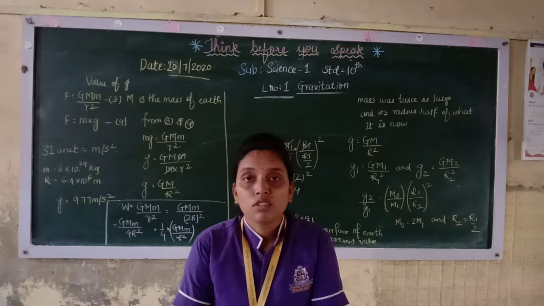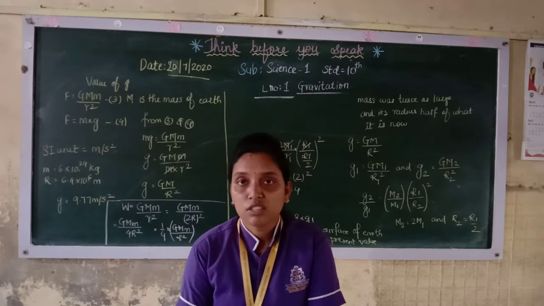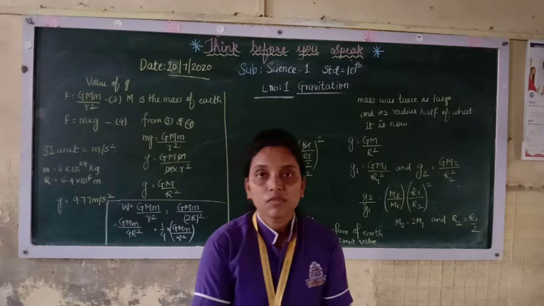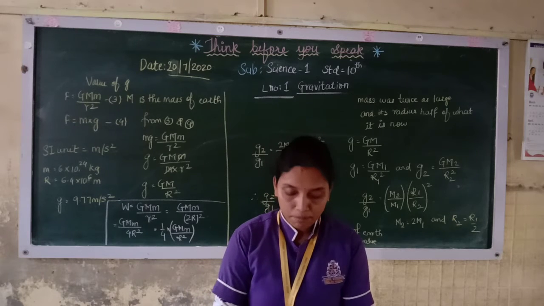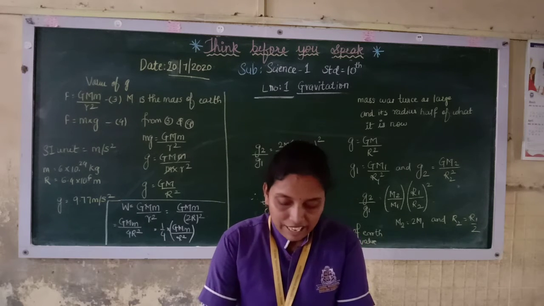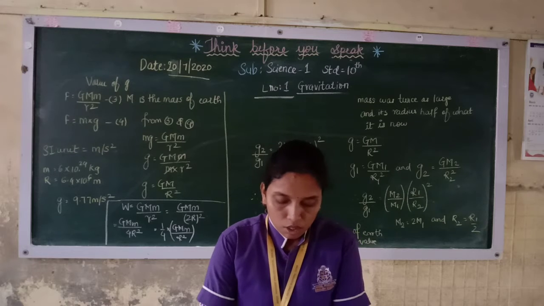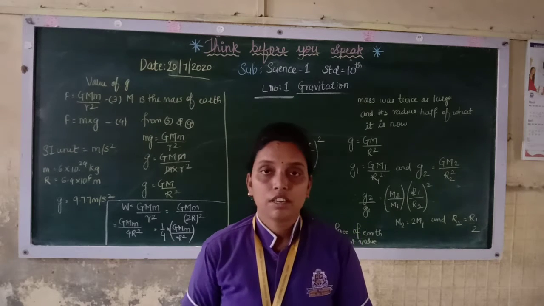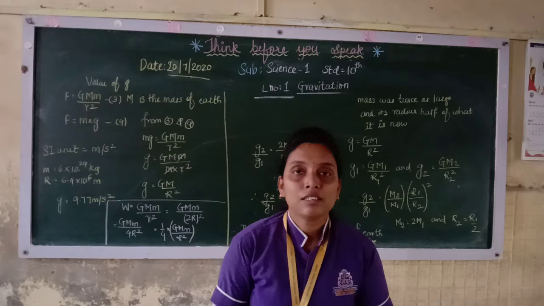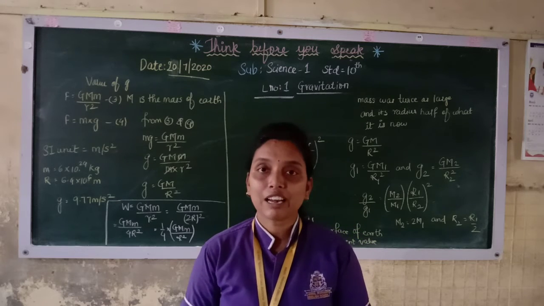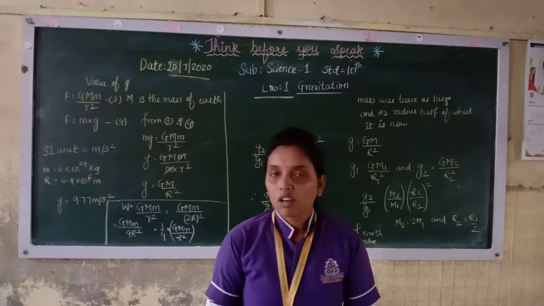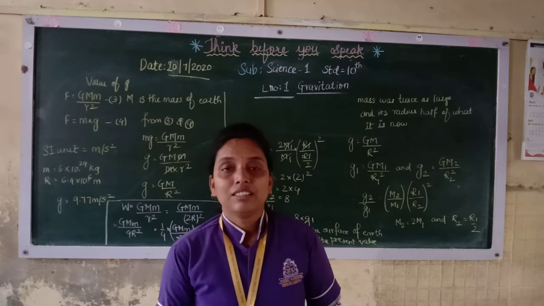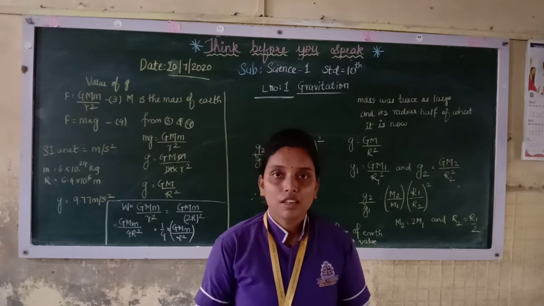So, when a force is acting on a body, the velocity is changing, so there is an acceleration taking place. Thus, the gravitational force due to the earth on a body results in its acceleration.